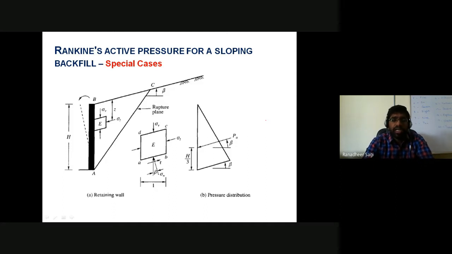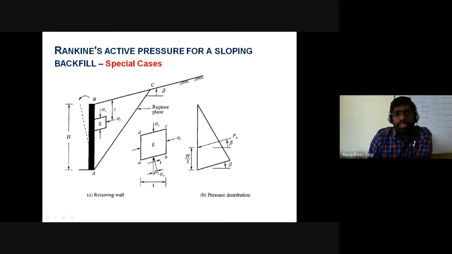Now let's look at some other special cases. Why am I calling them special cases? Because in the general assumptions of Rankine's theory, we don't talk about the inclined backfill or inclined retaining wall. However, Rankine has also taken those cases into consideration in estimating how much your earth pressure is going to be at any particular depth.